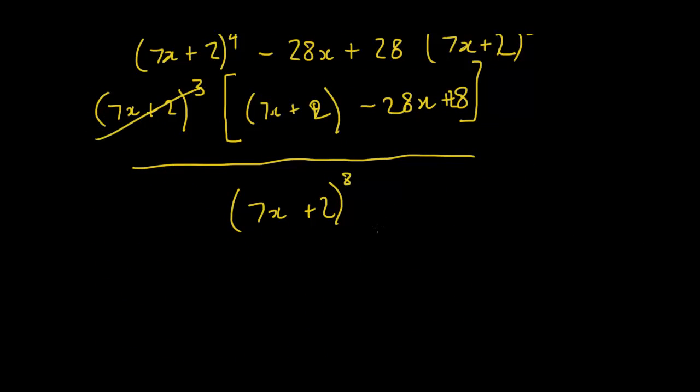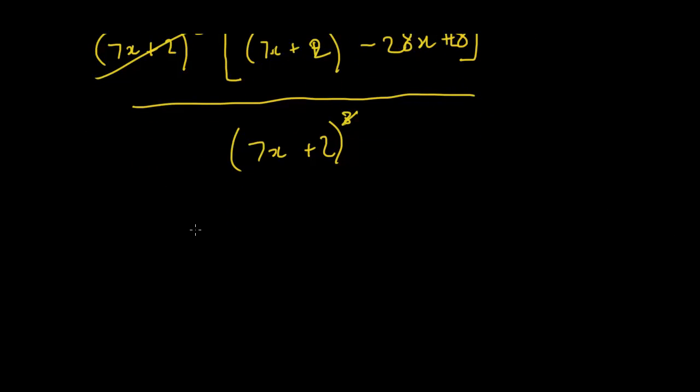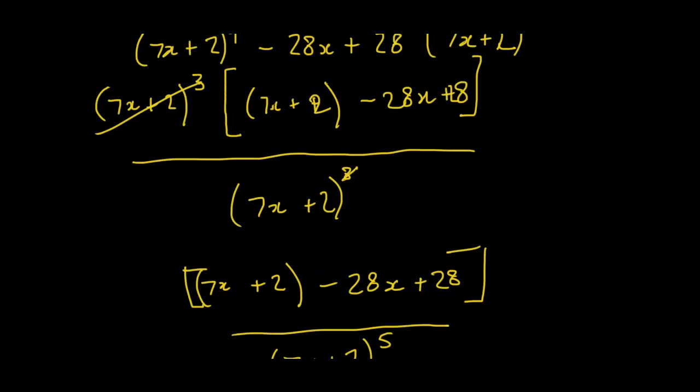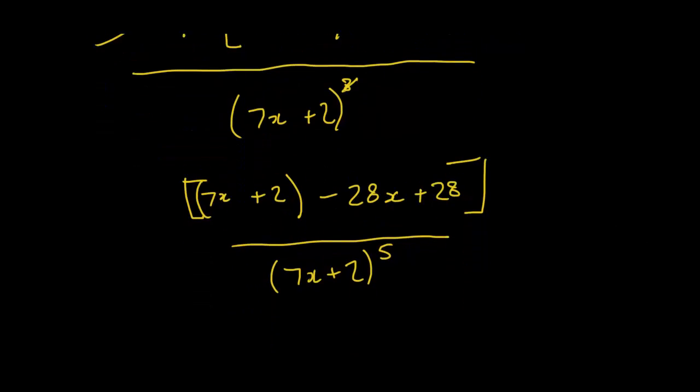Now we can cancel this out with that 3, so our final result is (7x plus 2) minus 28x plus 28 over (7x plus 2) to the 5, because remember, we subtract the 3 from the 8. So you end up getting this.